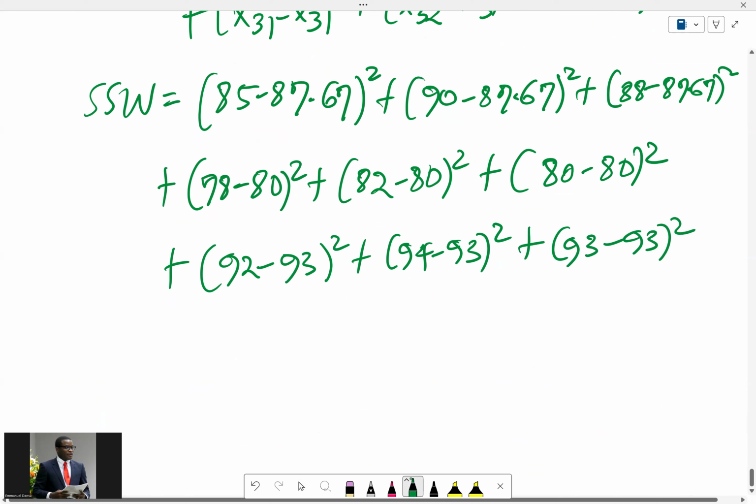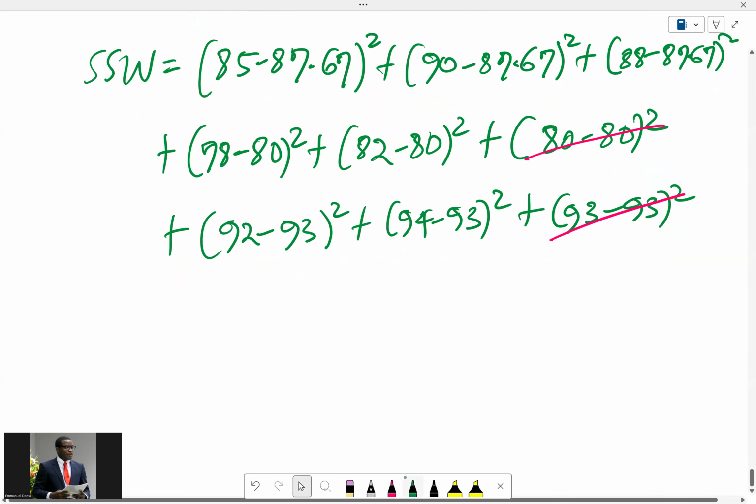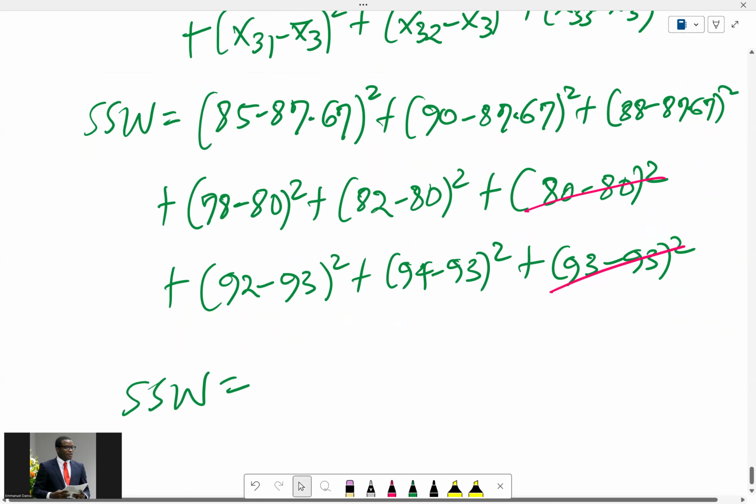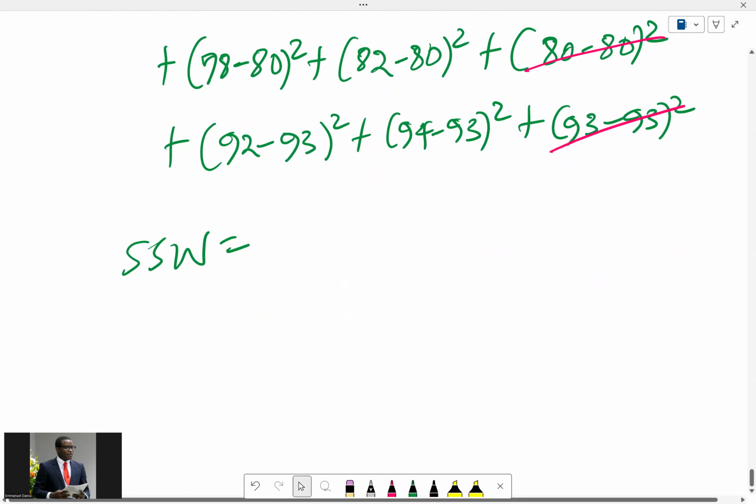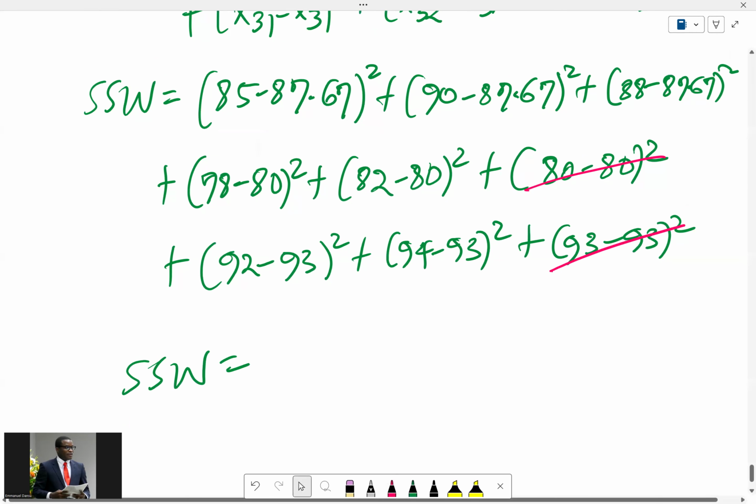Okay. So, of course, we can already see that this is 0. This will cross out, and this will also cross out. So we can focus on the other things. So SSW now is equal to, let's just do the squares to save time so we don't have to keep doing it step by step.